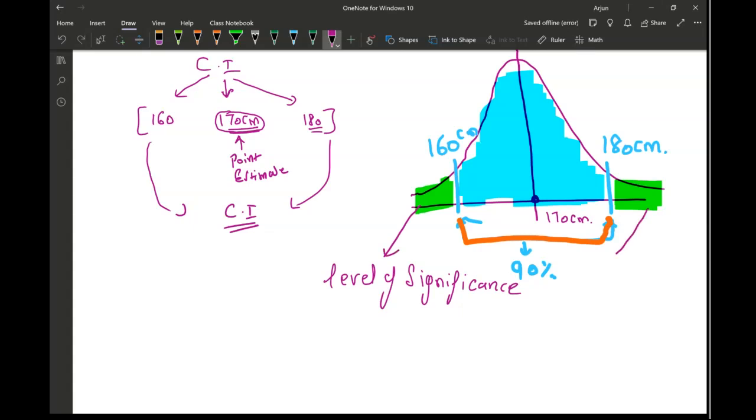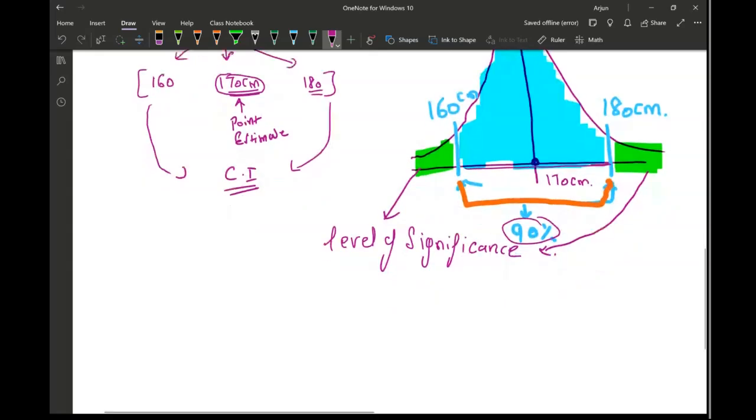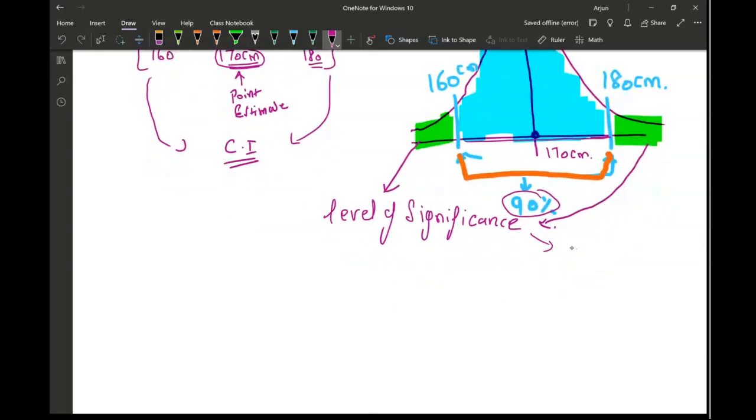This region plus this region is level of significance. So if the confidence interval is 90%, level of significance in this case will be 10%, which in proportion terms I can call 0.1 also. And this one I can call 0.9, confidence interval of 0.9.